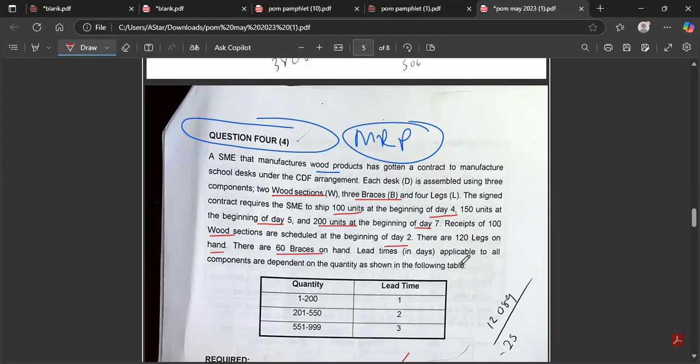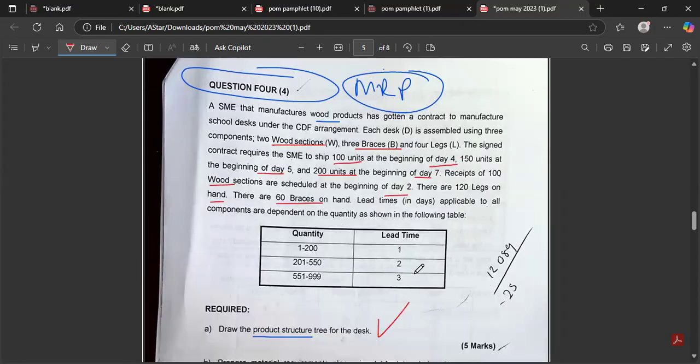Lead time in days applicable to all components depends on the quantity as shown in the table. So we don't have anything on hand for the desk.